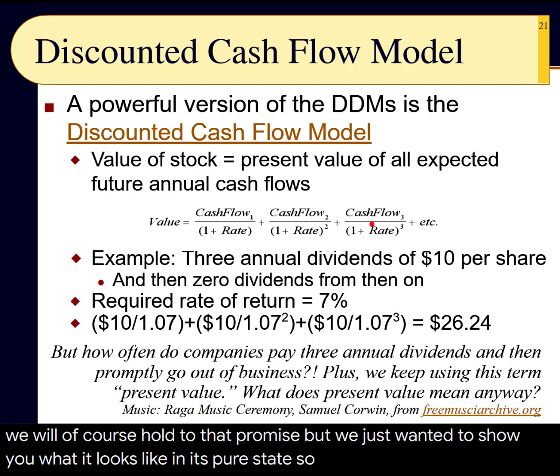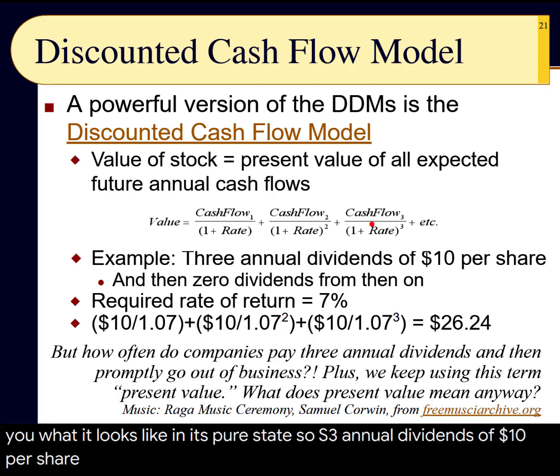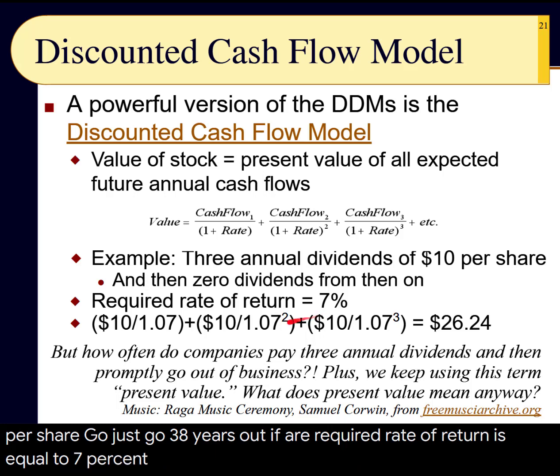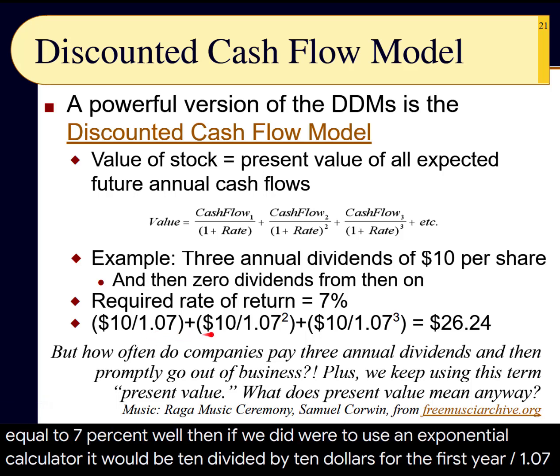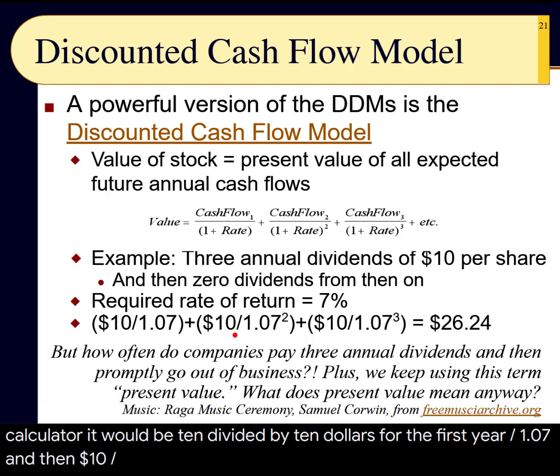So let's say we have a company that's going to pay us 3 annual dividends of $10 per share, and then no more dividends. Okay, we'll go 3 years out. If our required rate of return is equal to 7%, then if we were to use an exponential calculator, it would be $10 divided by 1.07 for the first year, and then $10 divided by 1.07 to the second power squared.